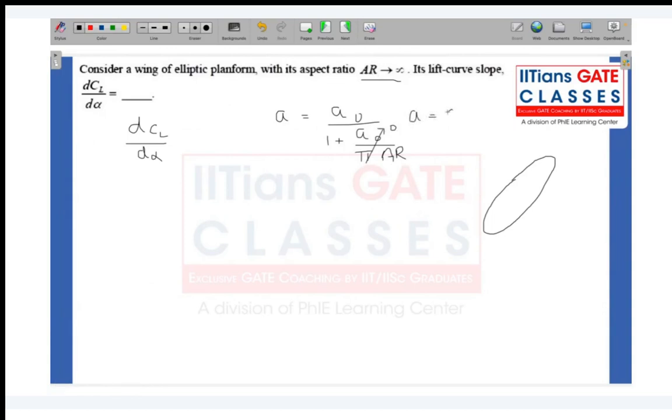My lift curve slope of the airfoil is the same as the lift curve slope of my wing. For this question, they want some numerical value, so you can assume a0 to be around 2 pi from thin airfoil theory. That would be around 2 times 3.14, so around 6.28.